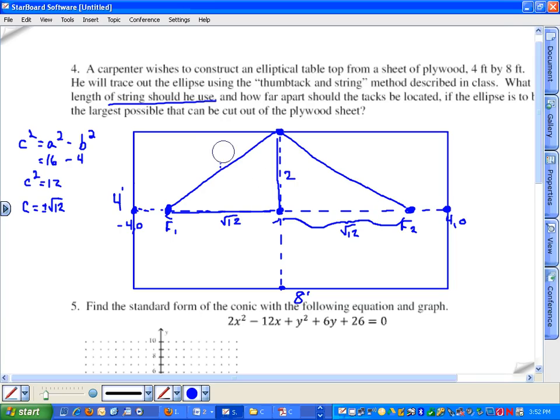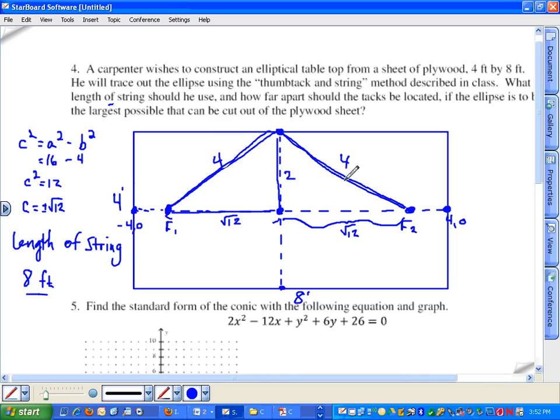Square root of 16 is 4. So that piece of the string has a length of 4, which means that this piece of the string also has a length of 4. So the length of string he needs to use is 8 feet, to have an 8-foot string tied between the two foci.